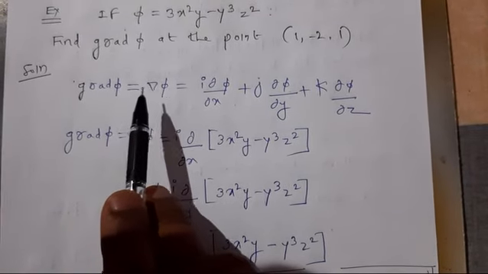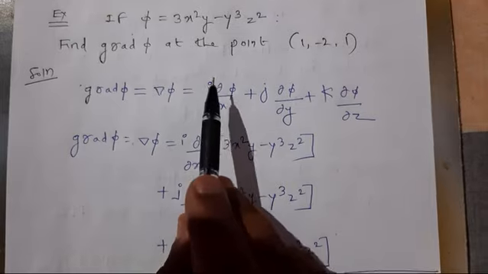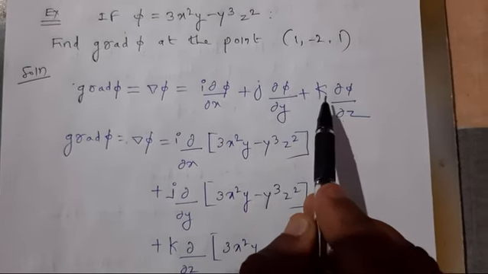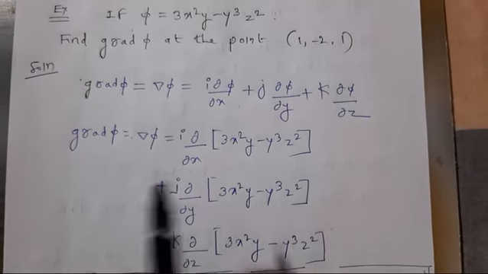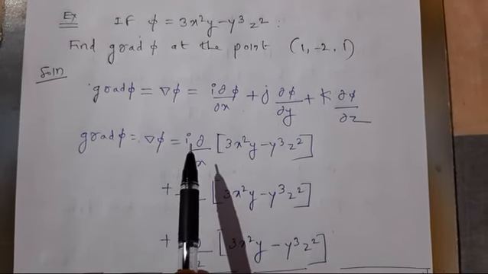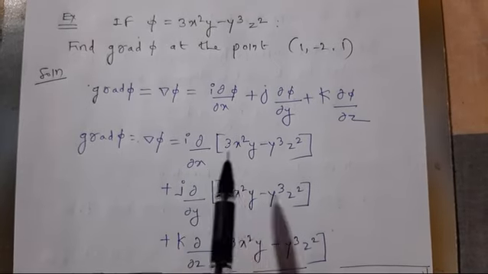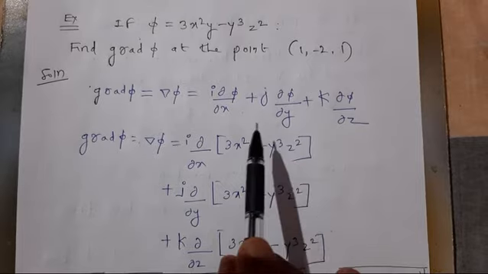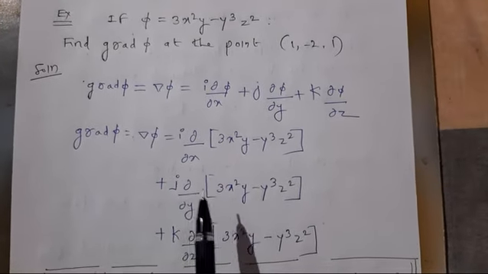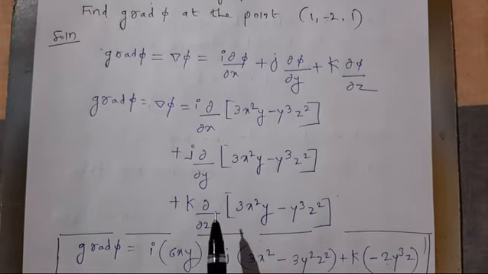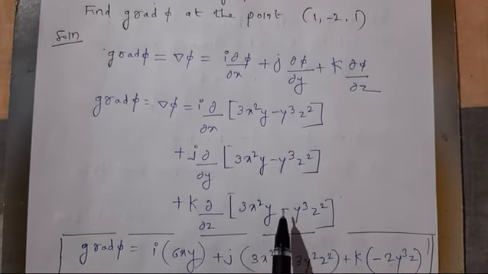Gradient of phi, which is equal to del of phi, is i ∂phi/∂x plus j ∂phi/∂y plus k ∂phi/∂z. So gradient of phi equals i ∂/∂x of the value of phi, plus j ∂/∂y of the value of phi, plus k ∂/∂z of the value of phi.